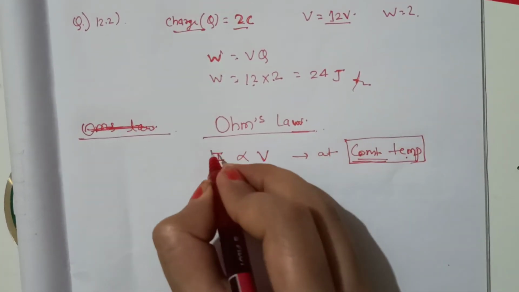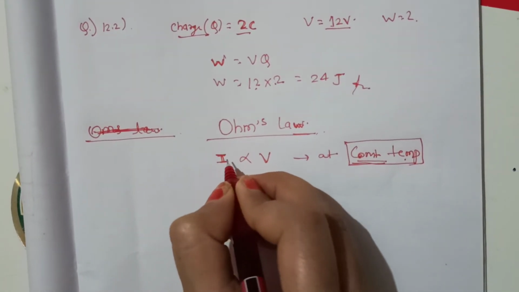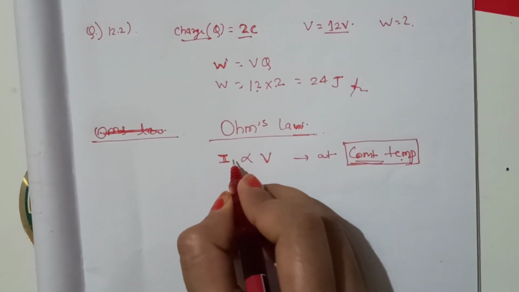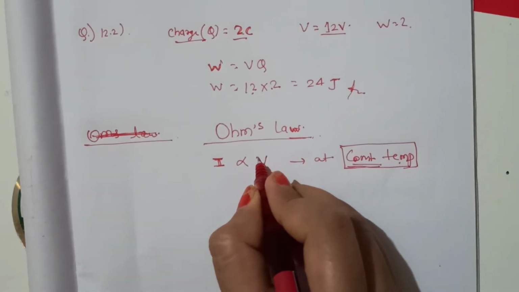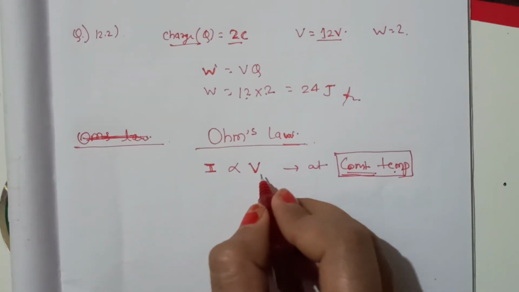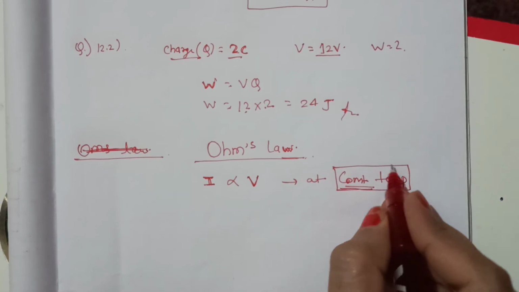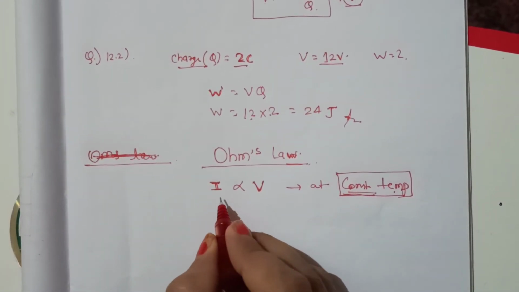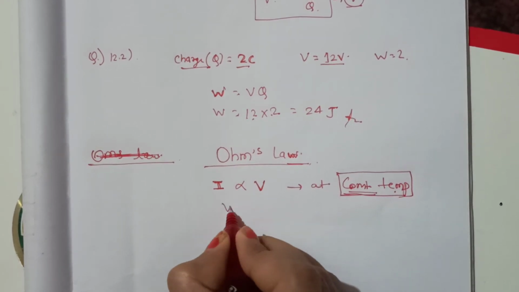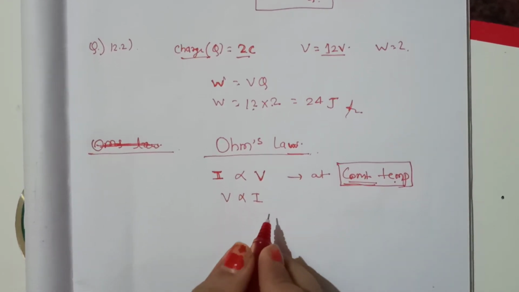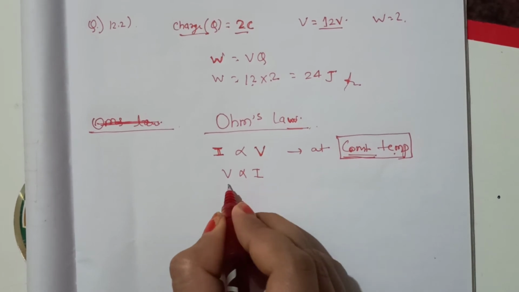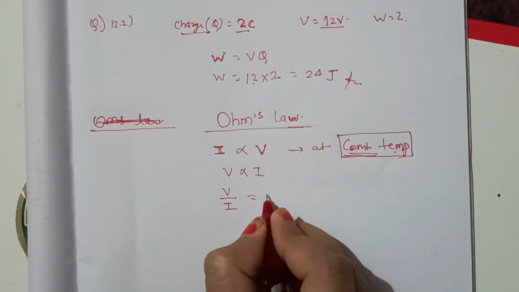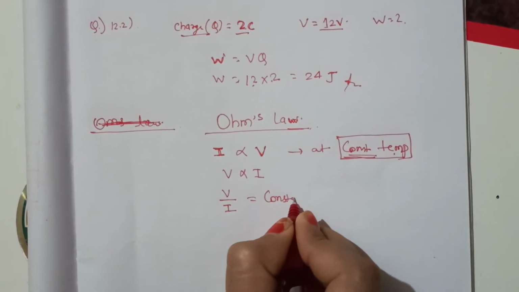So I is directly proportional to V. If I bring I to this side, it becomes V by I equal to some constant.